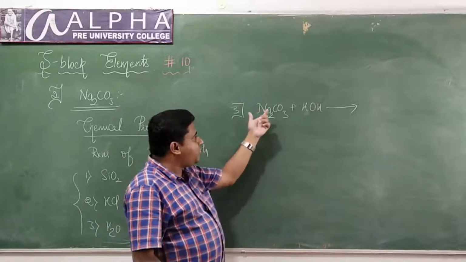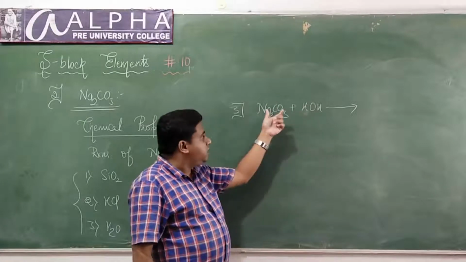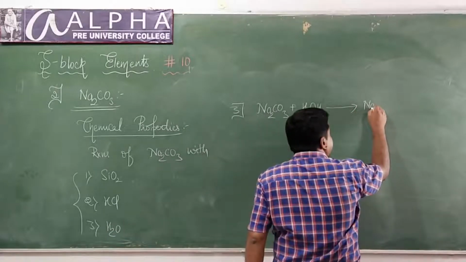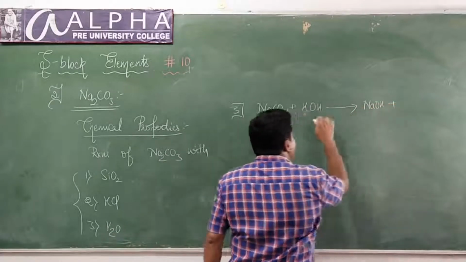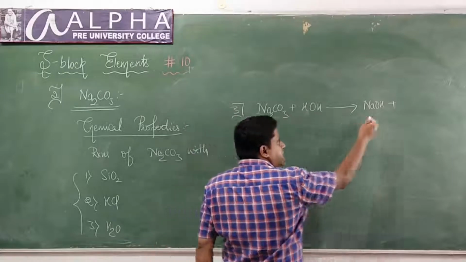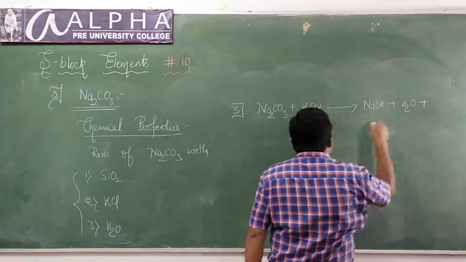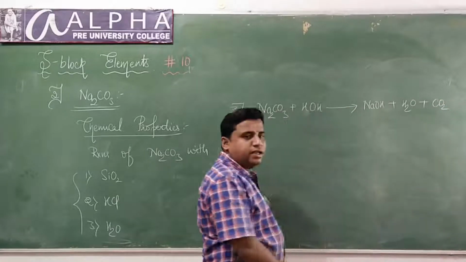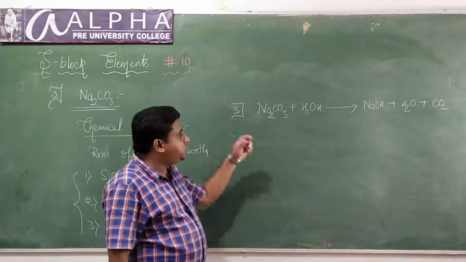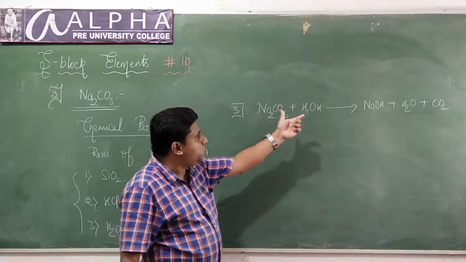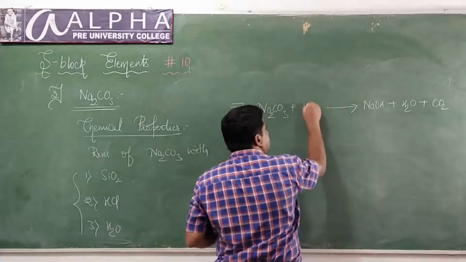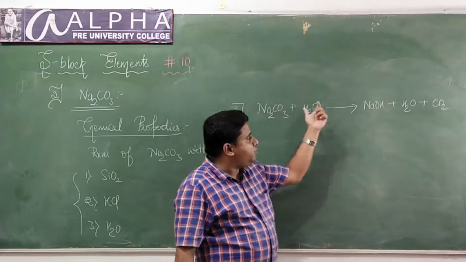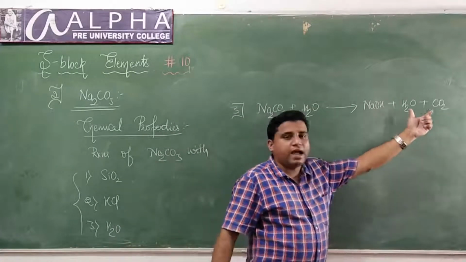This sodium ion combines with hydroxyl ion to form sodium hydroxide. Again we have hydrogen and oxygen, which form water, and then we have carbon and oxygen, which form carbon dioxide. So when sodium carbonate reacts with water, it forms sodium hydroxide, water and carbon dioxide.